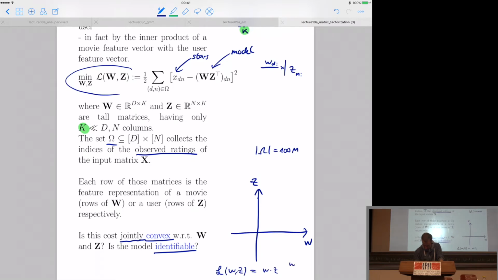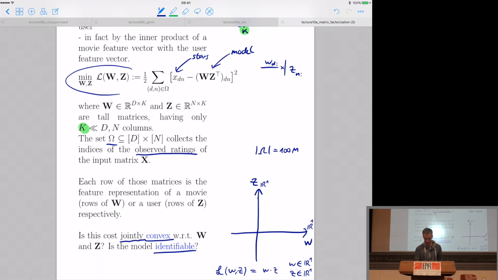If they're only 1 by 1 matrices, then this is the easiest thing I could consider. It looks like a nice problem, it's not too hard. Just two matrices get multiplied. But even if these are just 1 by 1 matrices, so W lives in R1 and Z also lives in R1, even then this is a non-convex function.